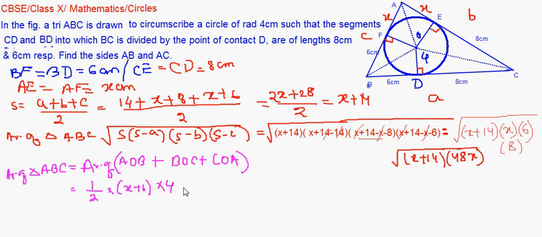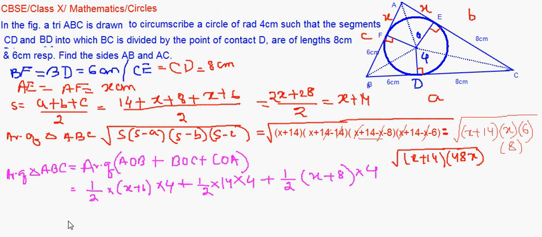This is one part, plus half for BOC, the base will be BC, which is 14, and again the radius, which is OD, to be 4, plus half, base in that case becomes x plus 8, and the altitude becomes 4 again.